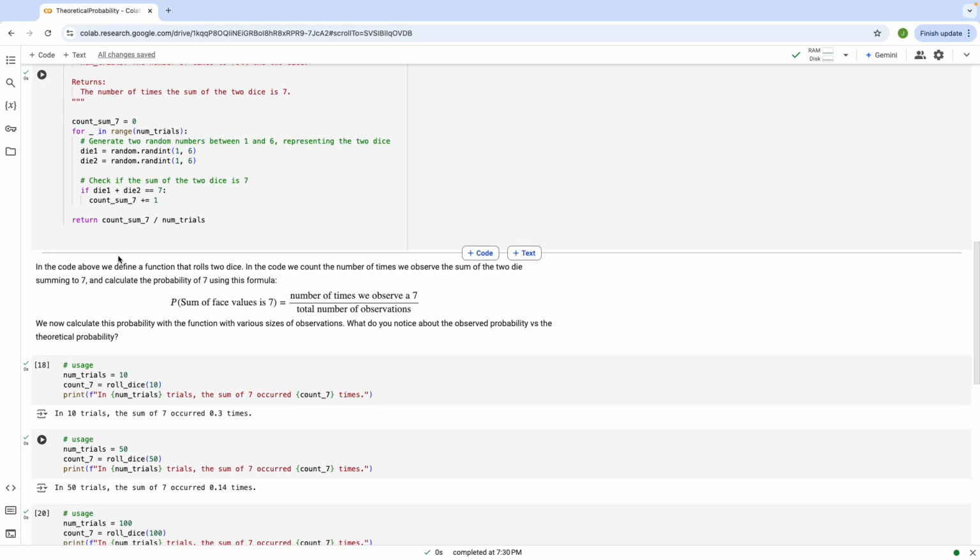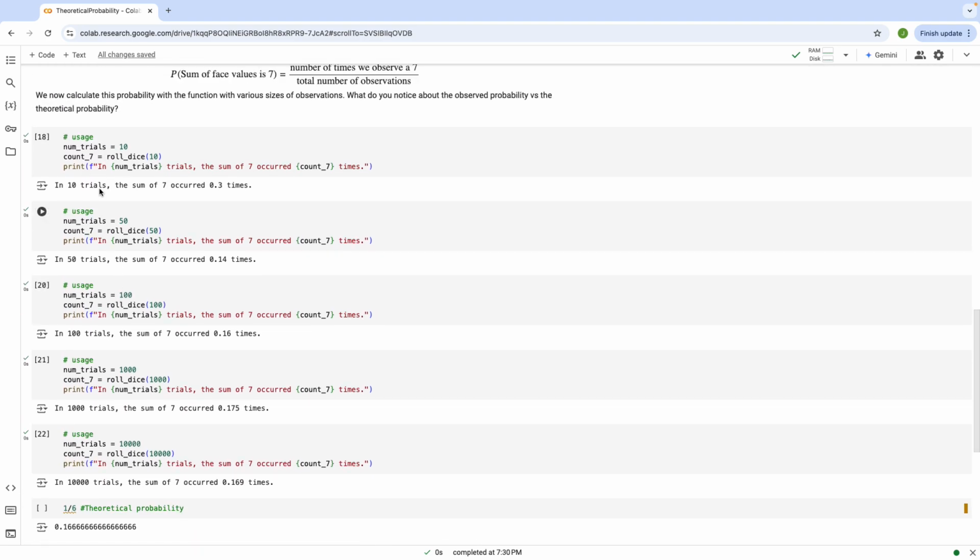If I do 10 trials, in 10 trials a 7 occurred with probability of 0.3. Now, if I rerun this, I might get a slightly different result, especially with a smaller sample size. But here it looks like I didn't, so 0.3 again. It seems like a bit of a high estimate.